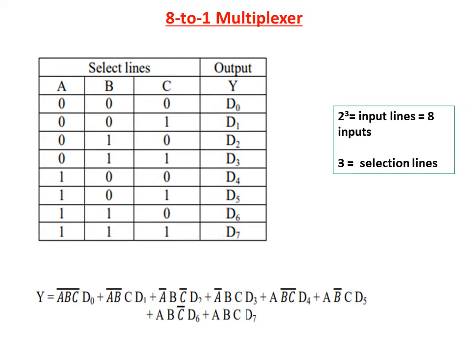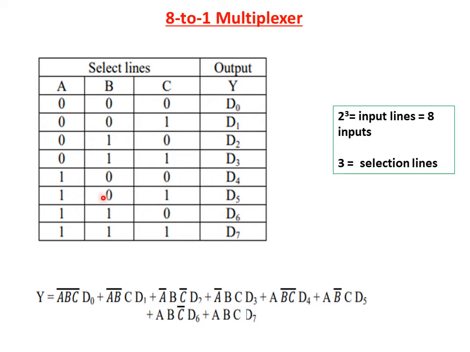Now the expression at this position is A bar, B bar, C bar, and D0. At this position the expression is A bar, B bar, C, D1. Here the expression is A bar, B, C bar, D2. Here A bar, B, C, D3. Here A, B bar, C bar, D4.